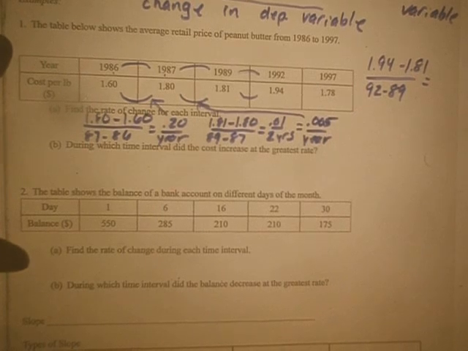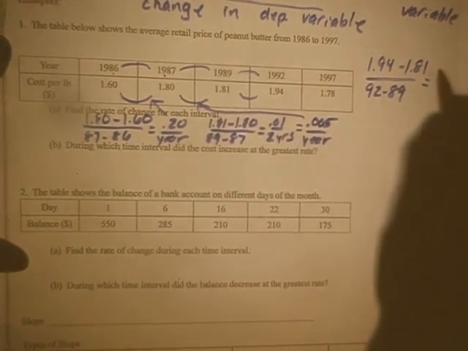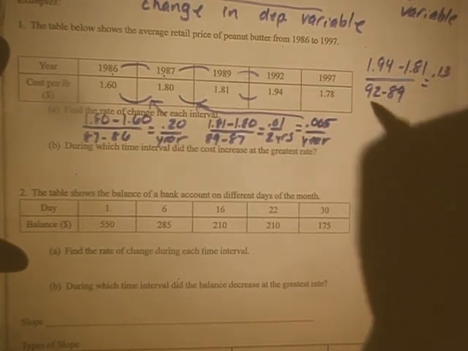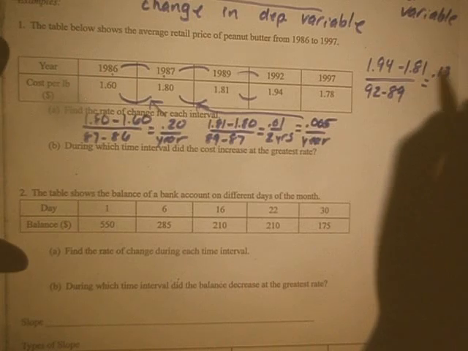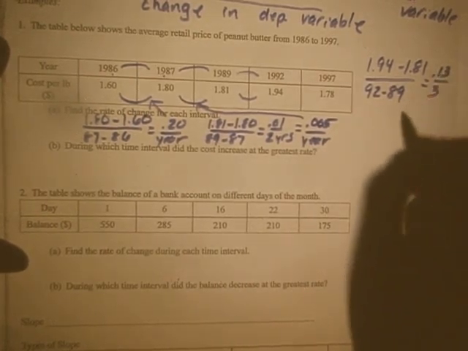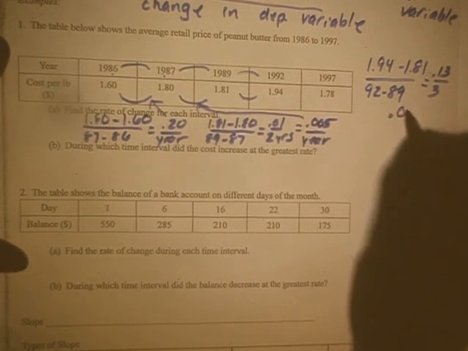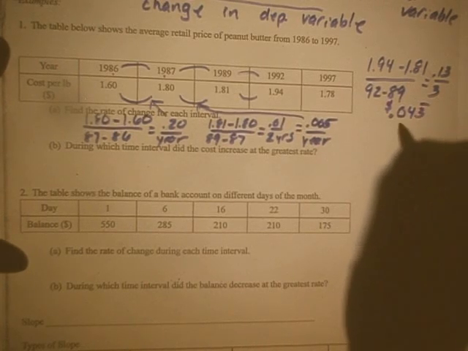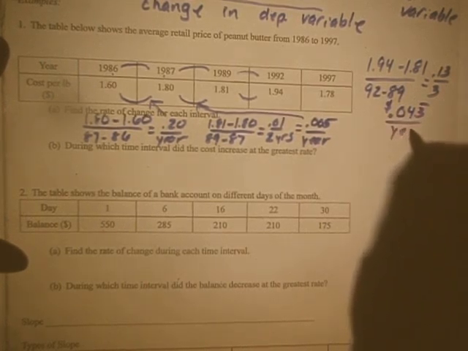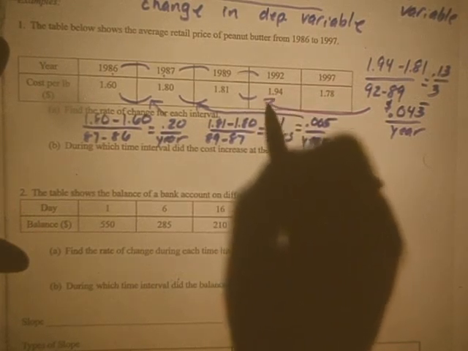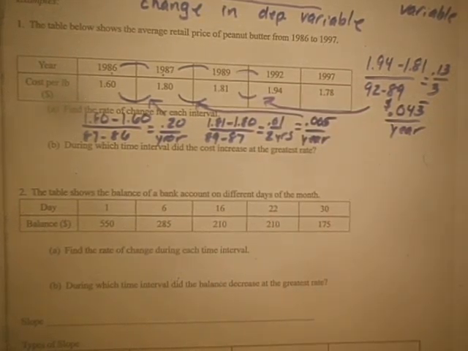If you take $1.94 and subtract $1.81, that is 13 cents, over 3 years. And if you divide that, it's roughly 4 1/3 cents per year. That's our next interval.